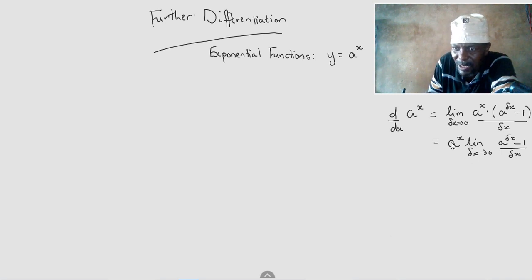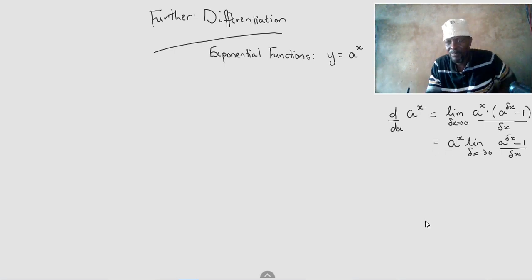So if this is e, that whole part is 1. Therefore, the differential for e will be 1. That's how we knew the differential of e to the x is equal to e to the x, because this component would be 1. It's just a reminder.